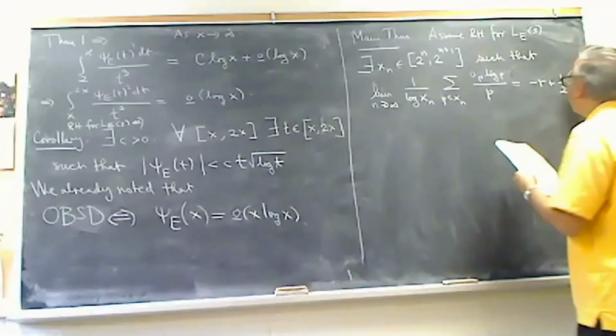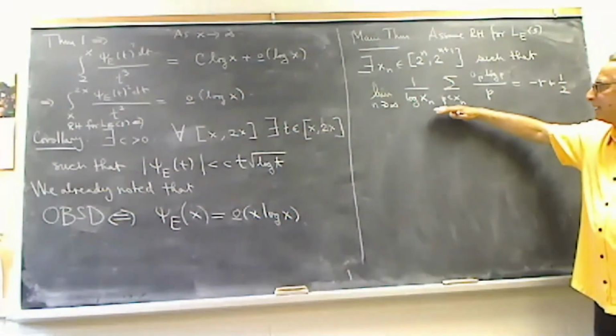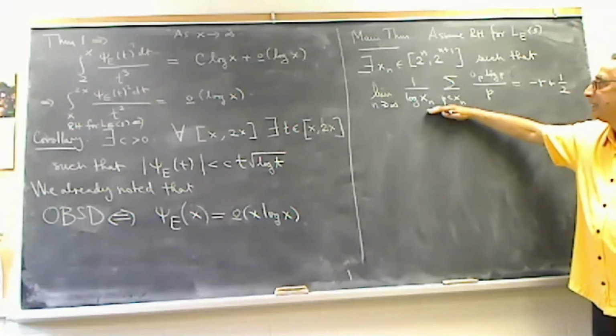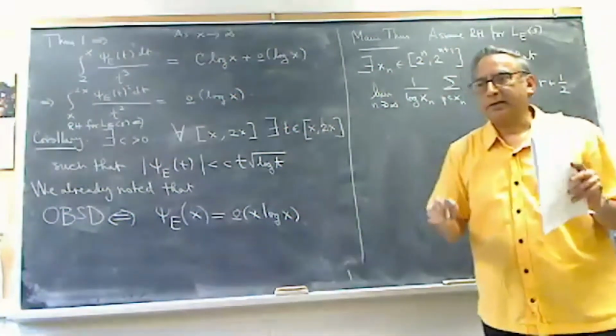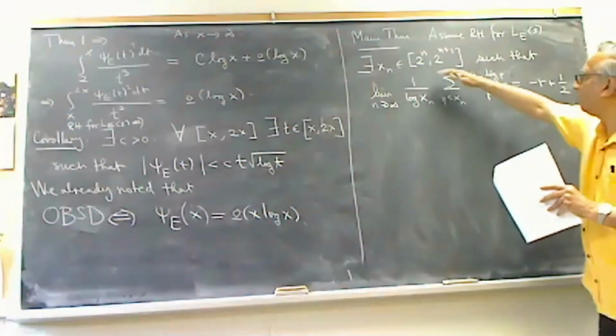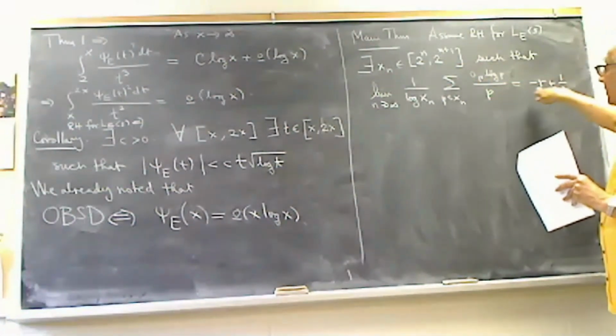Now this is basically what the original Birch and Swinnerton-Dyer conjecture was predicting, except for all x. But what we're able to show now is that with the Riemann hypothesis, you can actually get a sequence of elements tending to infinity so that this is the case.